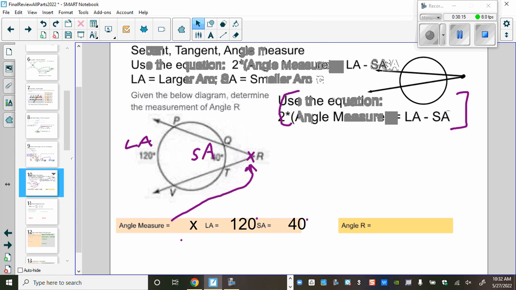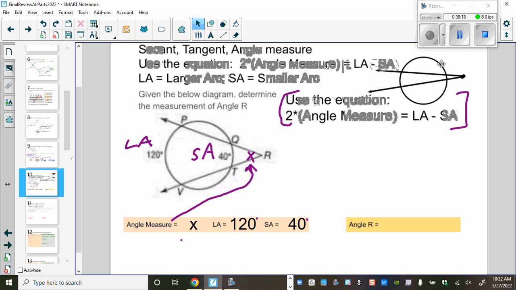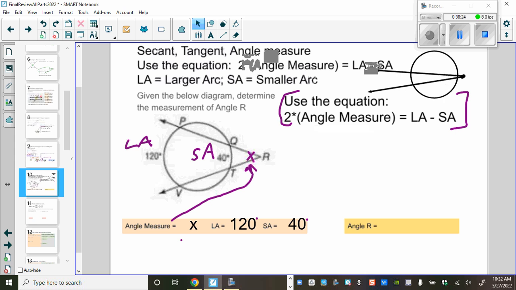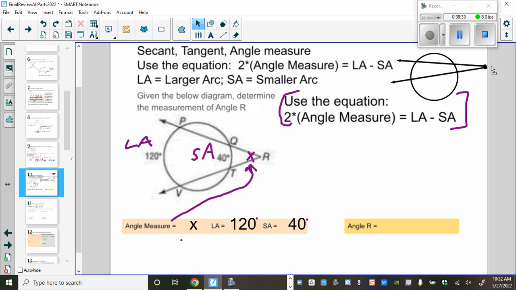So there would be your angle. You could put AM for the angle. Oops, that's SA. Smaller angle, I mean, smaller arc, larger arc. So this is your general formula.